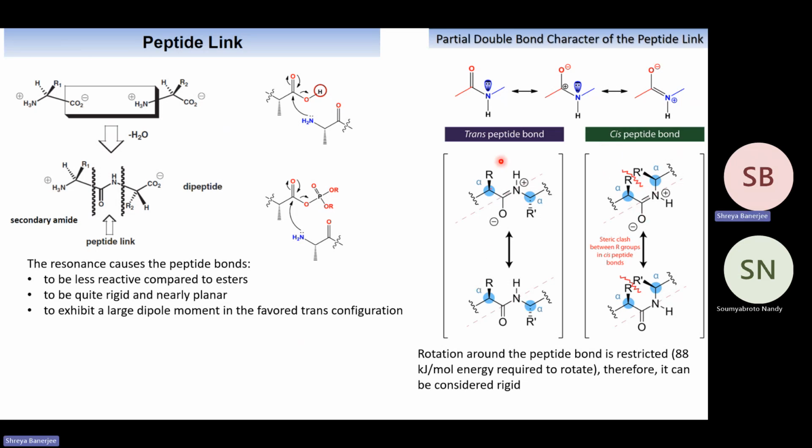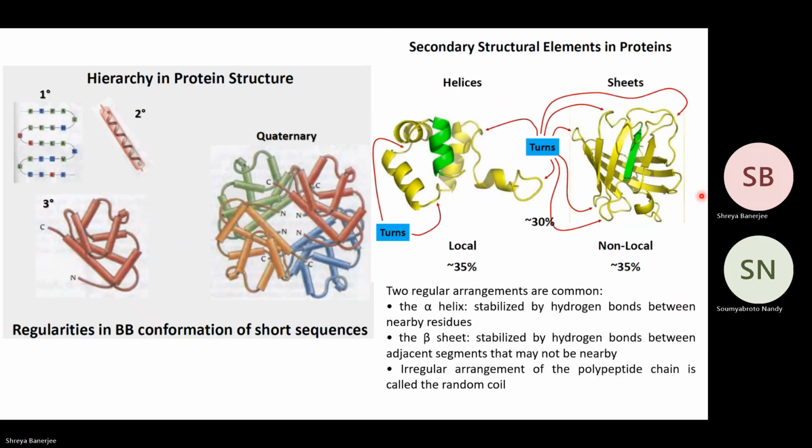Interconversion between trans and cis, if it was a single bond, would have been freely allowed. But because it is a double bond, this free rotation is restricted. The rotation around this partial double bond costs 88 kilojoules per mole, and so the trans and cis are separated. They are not interconvertible into each other.